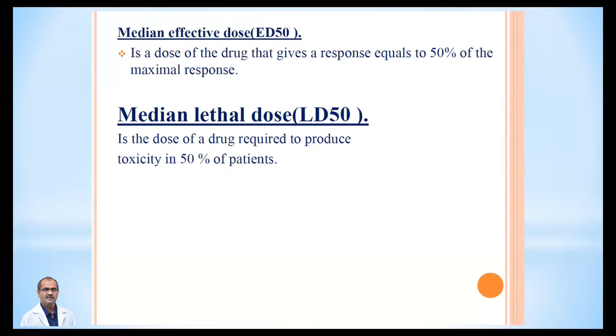When we plot the dose and response over the x and y axis, we get a curve, and where we get the 50% response, that dose is known as the median effective dose.